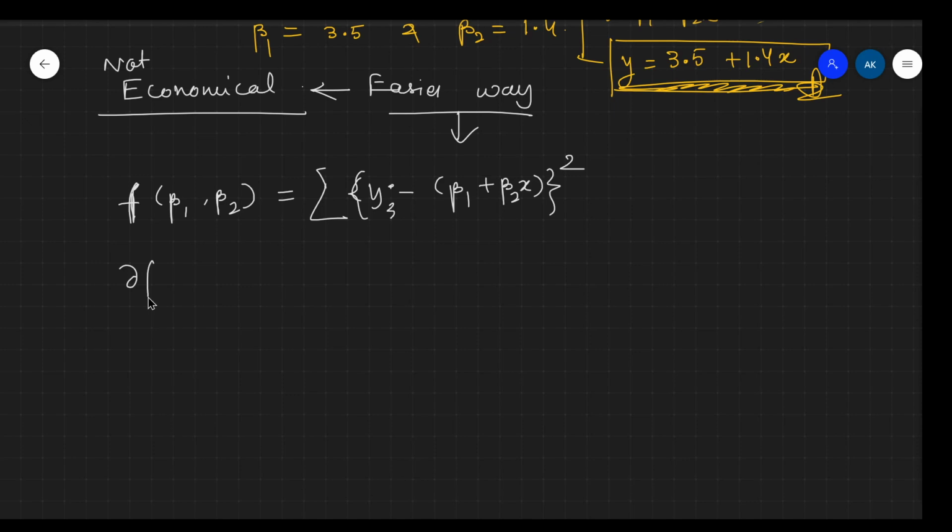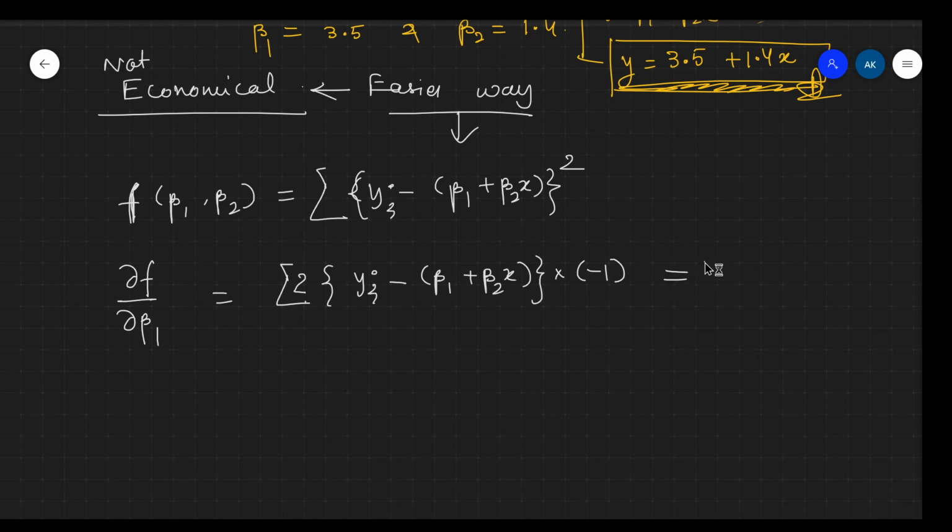Let's see what happens. Del alpha del beta 1 will come as summation 2 yi minus beta 1 plus beta 2 x into, for beta 1, minus 1.